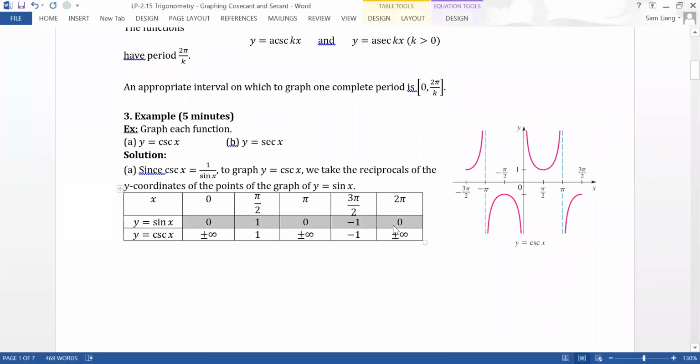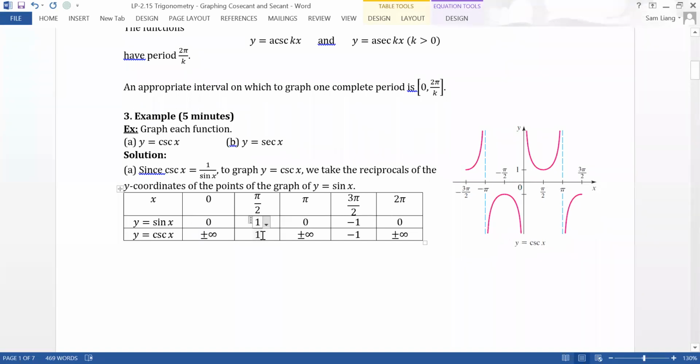Normally for sine, it's 0, 1, 0, negative 1, 0. And then for cosecant, just take the reciprocal. So 1 divided by 0 will be, I'm going to write positive, negative infinity here, because as you can see there are two branches for the cosecant graph. And this is another way to denote asymptotes.